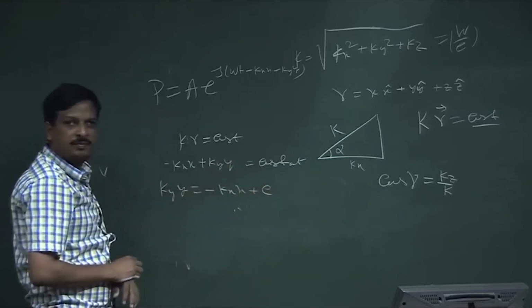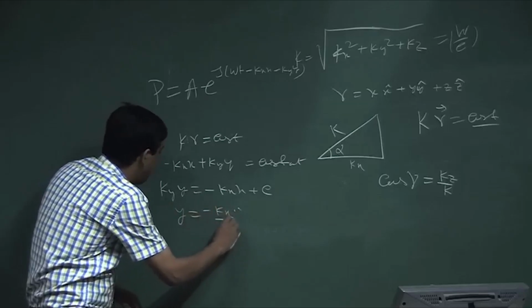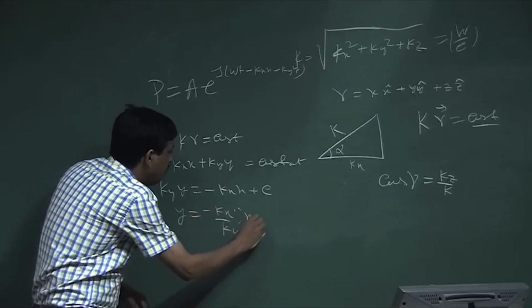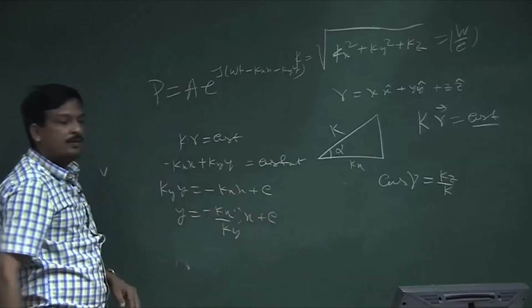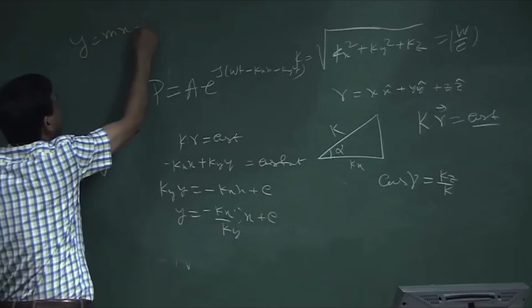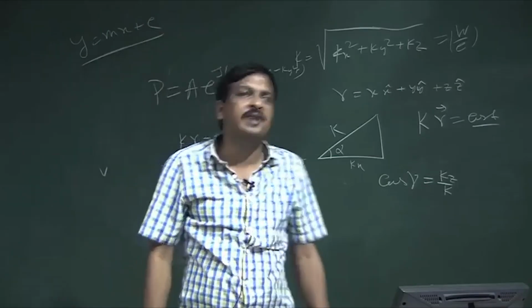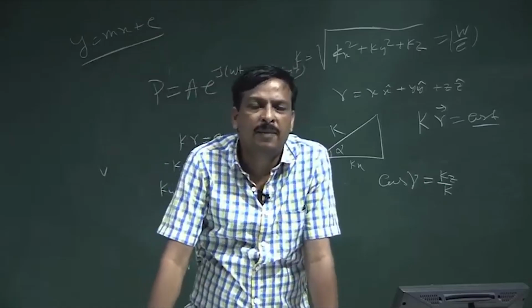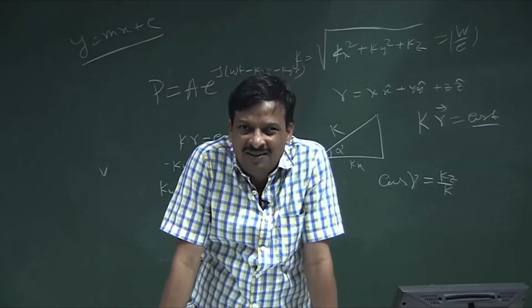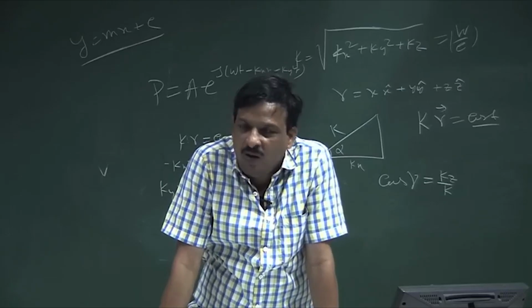Let us see. So y is nothing but minus kx by ky into x plus c. See the equation, y equal to mx plus c is the equation of a straight line. What is m? m is nothing but the tangent of the oblique angle on the xy plane.